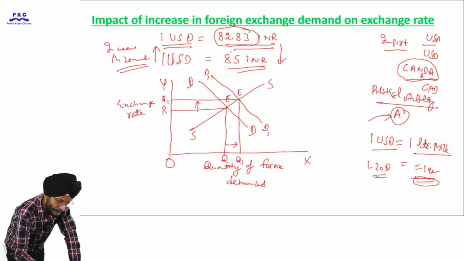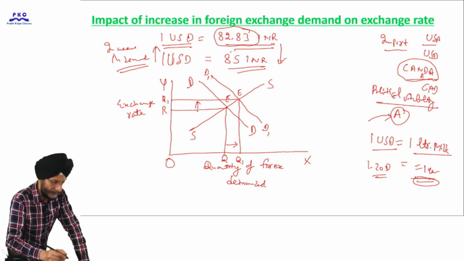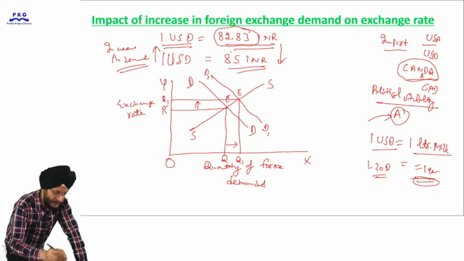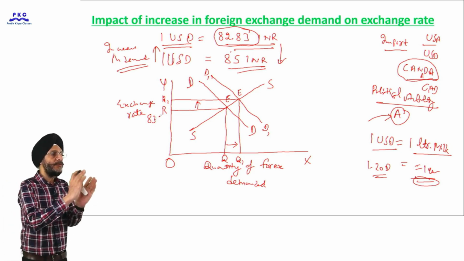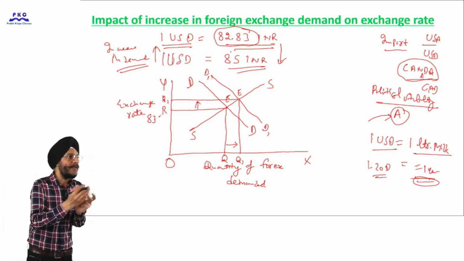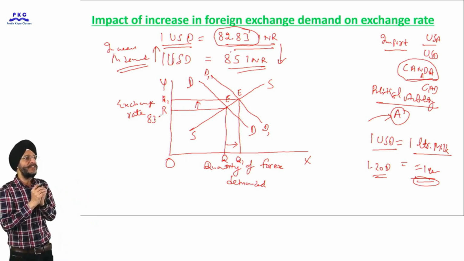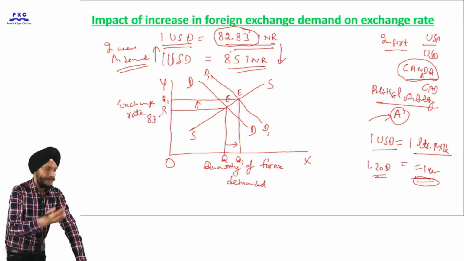For example, if we are from India and earlier the exchange rate was 1 US dollar equal to 83 INR, that is, we used to pay 83 to get 1 US dollar. But as the demand for the currency has increased at the international level, what will be its effect?